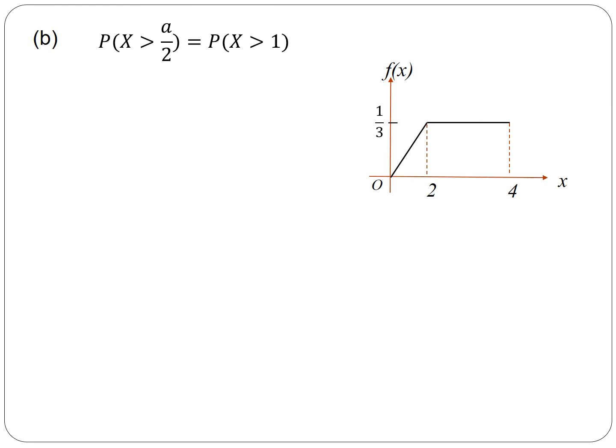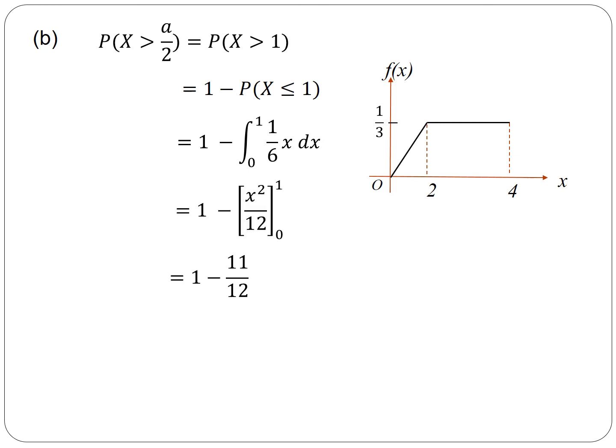It's easier to use integration. So we use 1 minus P of x less than or equal to 1, which is 1 minus the integral of 1 over 6 x from x equals 0 to 1. Okay, you integrate, you substitute, and you have 1 over 12.